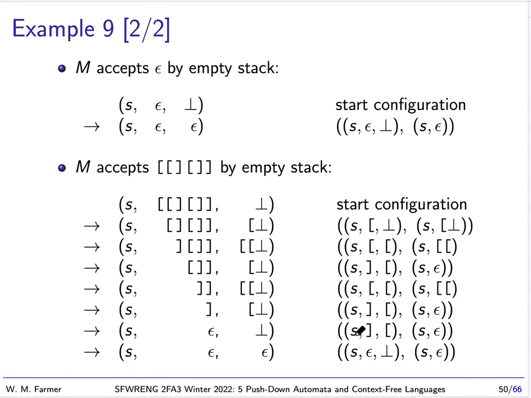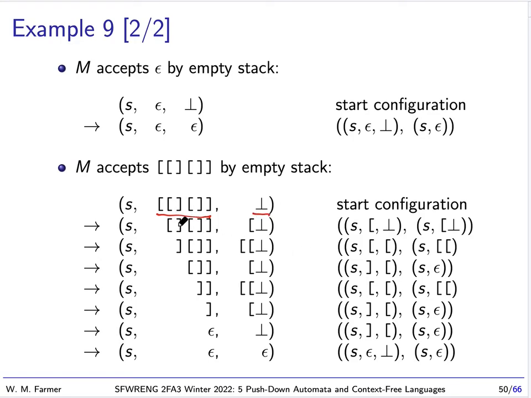Second example is it accepts this string, and you can see easily that this string is a balanced string of left and right parentheses. So here will be the start configuration. We only have one state. Notice nothing happens to the states. We're in the single state. Here's our string. Here's what's on the stack.